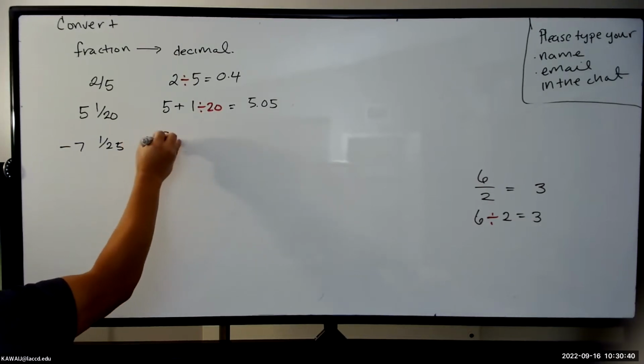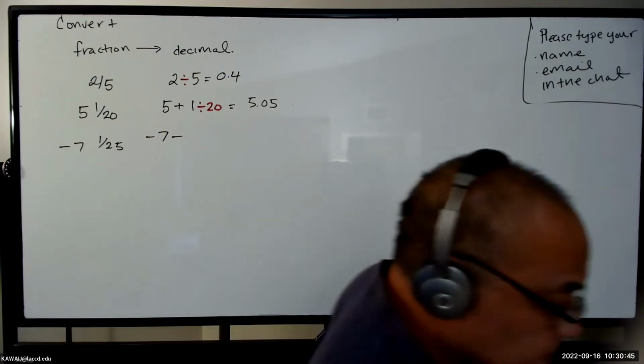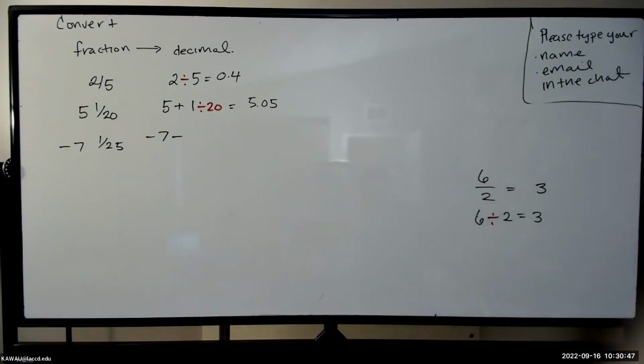So just know that this will be -7 minus the fraction, right? So all you're doing is the decimal part.